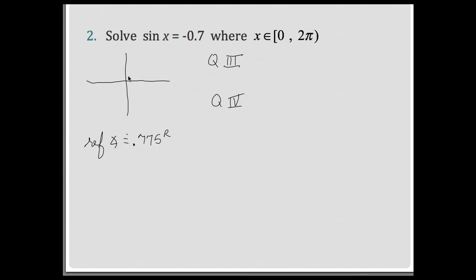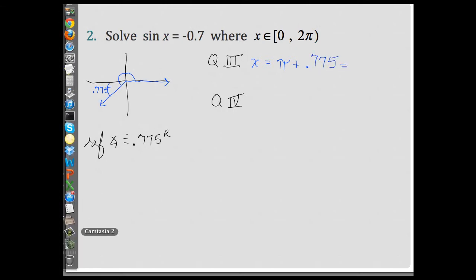If you envision, here's where your angle starts. In the third quadrant, we're trying to find how big this angle is here. Our reference angle, that's the 0.775. That's this little distance in here. So in order to get x, we're going to take pi and go into the third quadrant 0.775. Go back to our calculator.